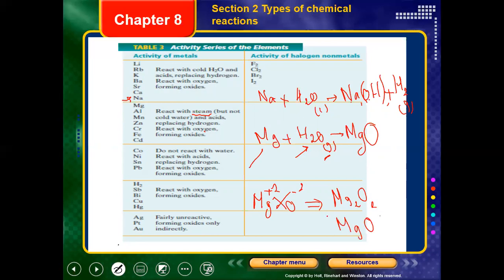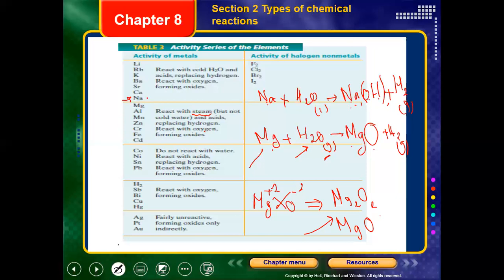This is not our lesson, but it's a reminder of how to write the chemical formula, plus H2 gas. So in both cases there is hydrogen gas, but the difference between metals from series number 1 and series number 2 is that one of the products is metal hydroxide and here metal oxide.